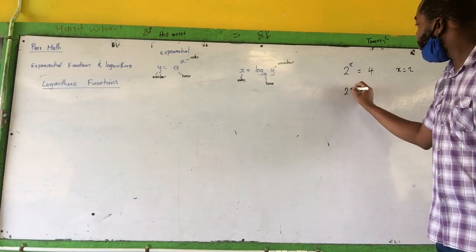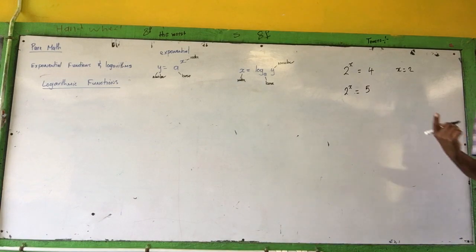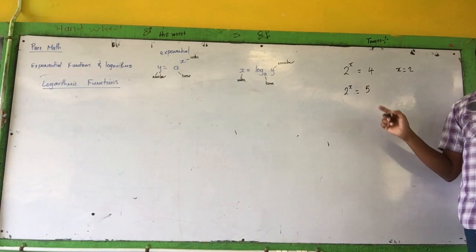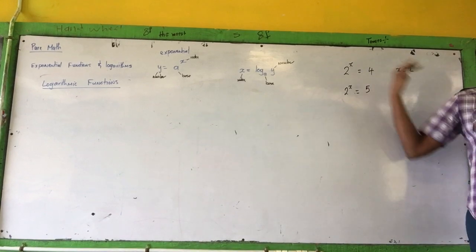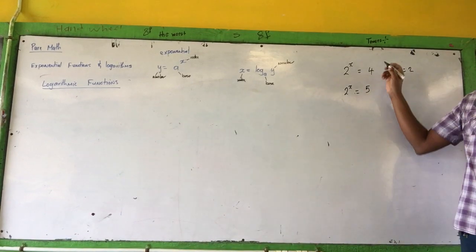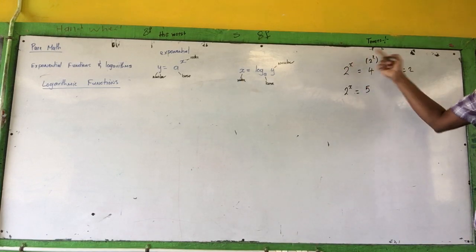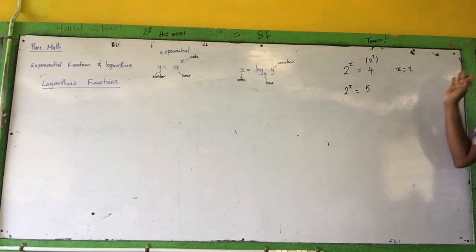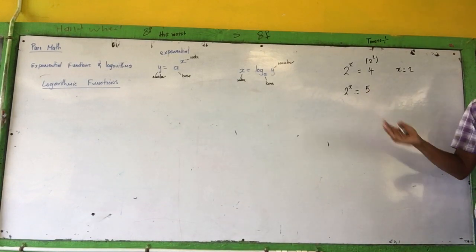What if I gave you 2 to the x is equal to 5? Well, if you could rewrite 5 as 2 to some power, then you just equate them, just like how we could rewrite 4 as 2 to the 2. You know what I'm saying? So the principle is the same, but when you can't write the bases the same, we're in trouble.